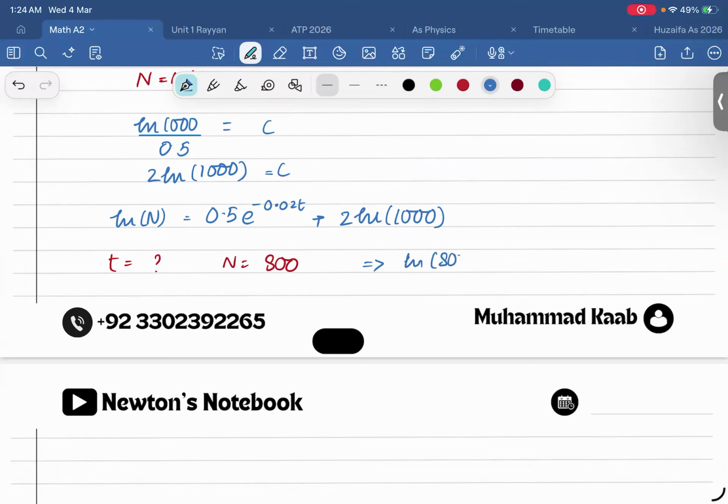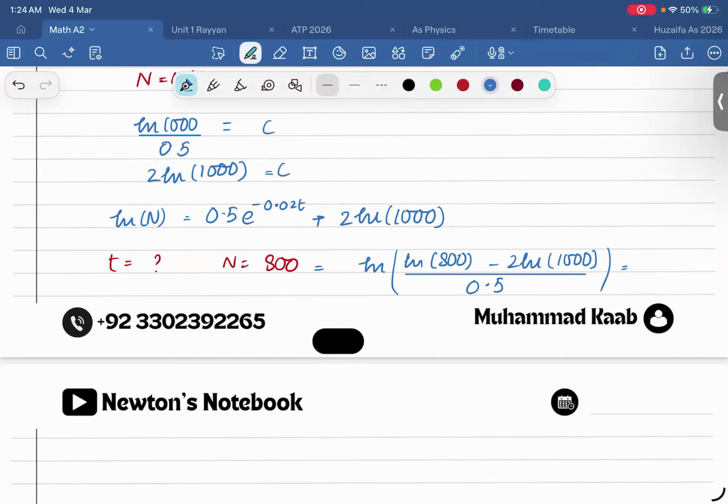Then 800 minus 2 ln 1000, divided by 0.5, and then apply ln both sides.